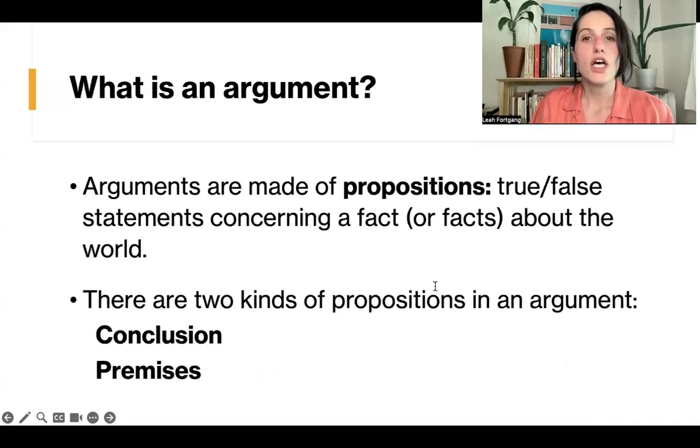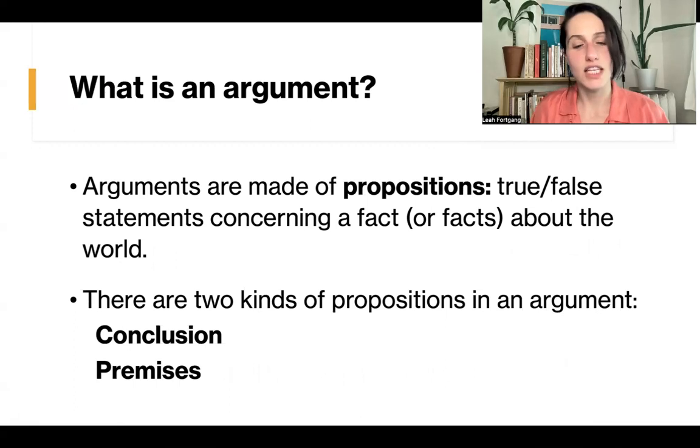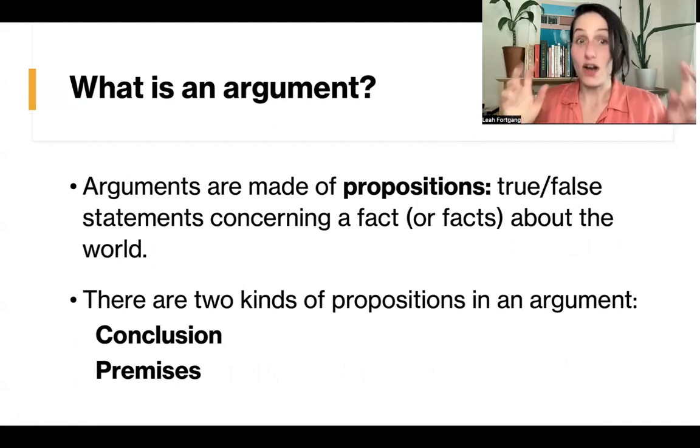All right. So we're going to introduce some formal terminology here. These are the terms that philosophers use to describe the bits and pieces that make up this philosophical sense of the term argument. Okay. So these arguments are made up of propositions.